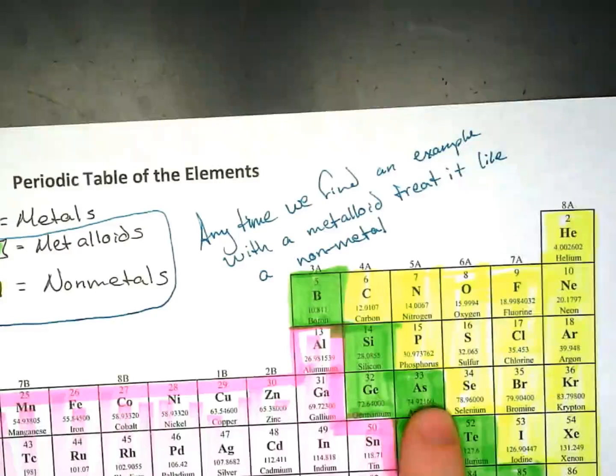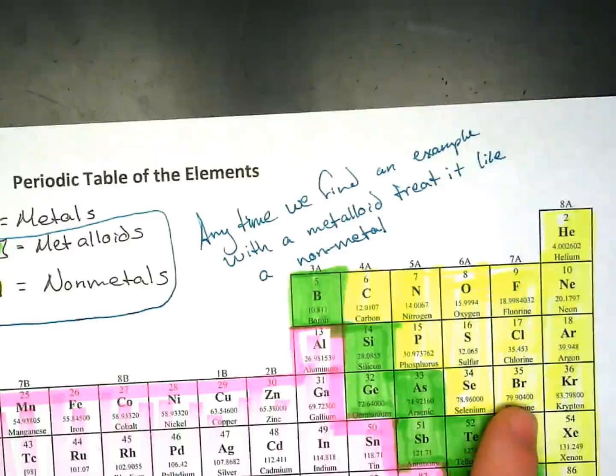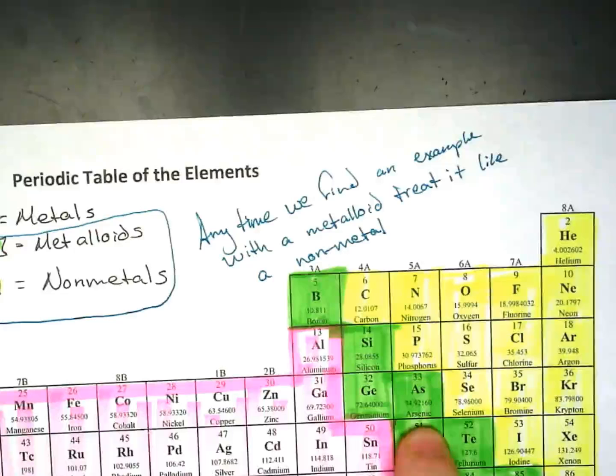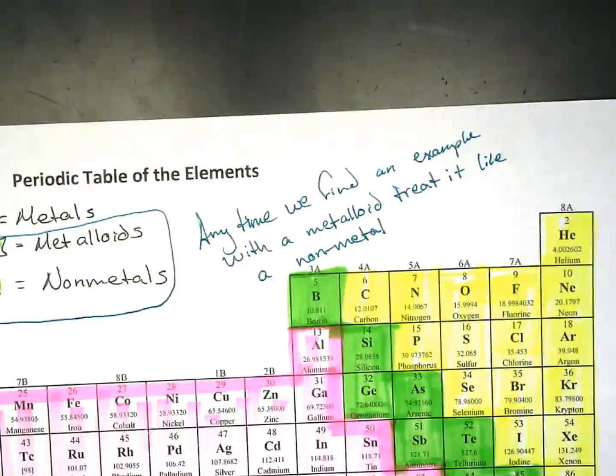Also, it's very possible that in covalent bonds, these metalloids will be paired up with nonmetals. Again, we'll treat them as nonmetals. So just a fast rule: anytime we find an example of a metalloid, just treat it as a nonmetal. Easy peasy.